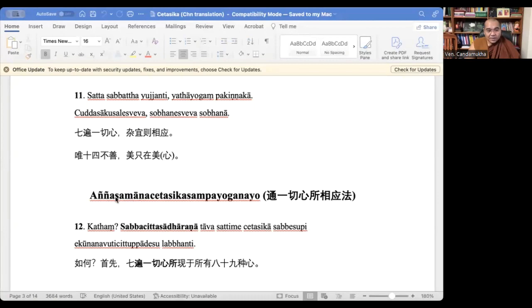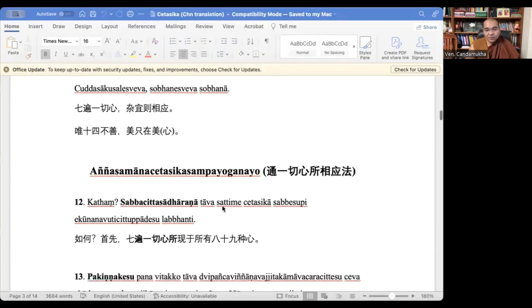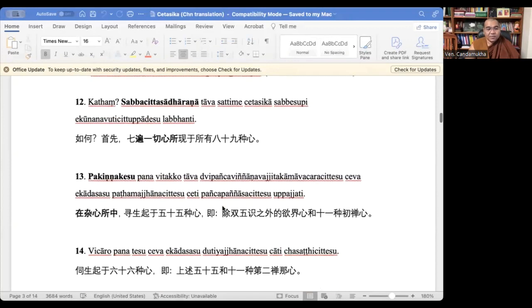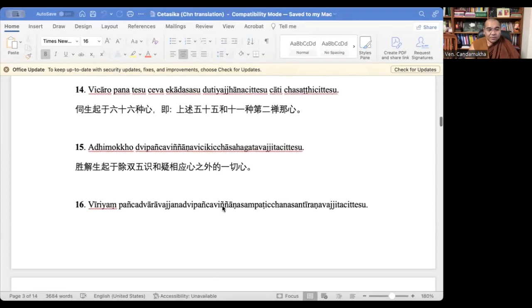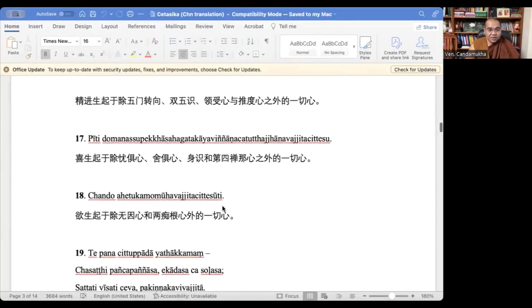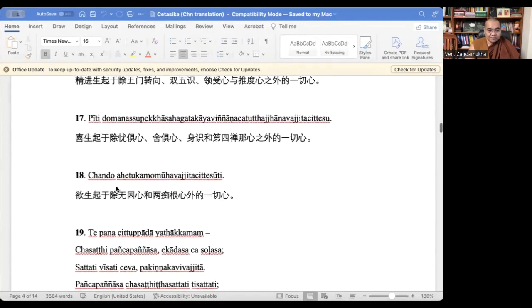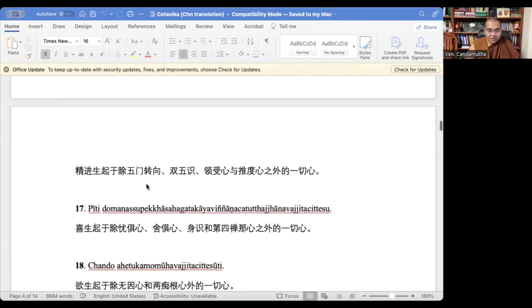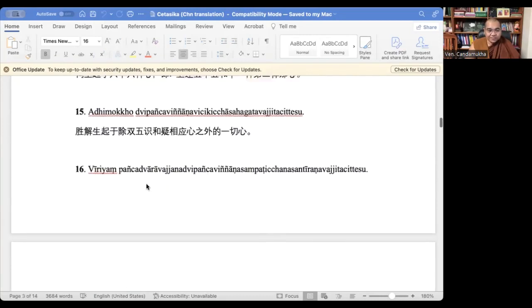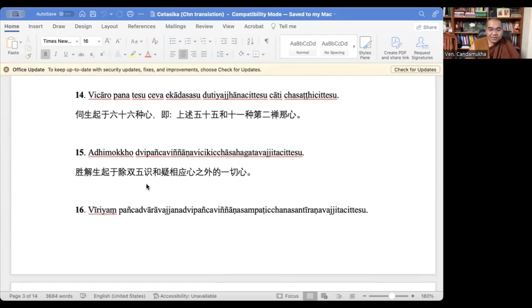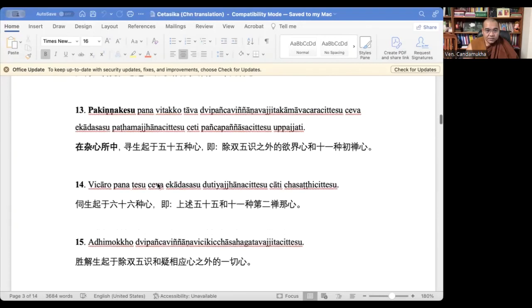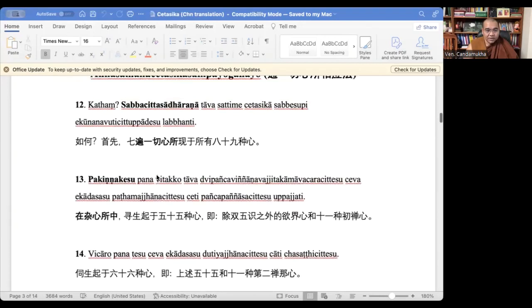Annasamana Cetasika Sambayoga Nayo starts from paragraph number 12 up to paragraph number 18. Altogether there are 7 methods we can get. Yesterday we already started.